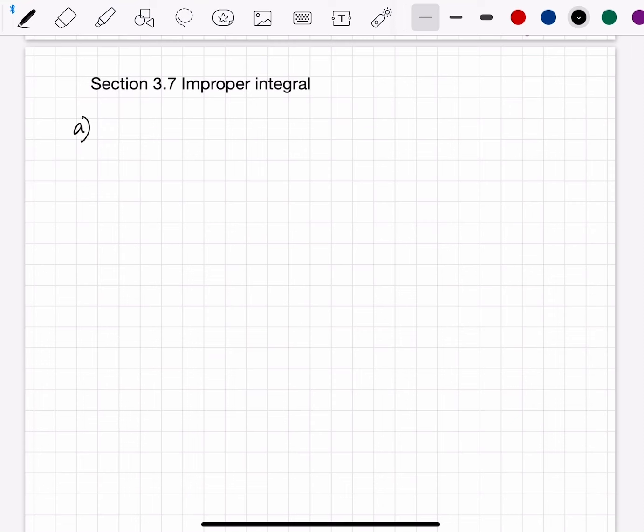I want to evaluate the integral from negative infinity to 0 of 1 over x squared plus 4 dx. For those types of questions, our answer could be one of two situations. Number one is a nice number, or number two is a positive or negative infinity.